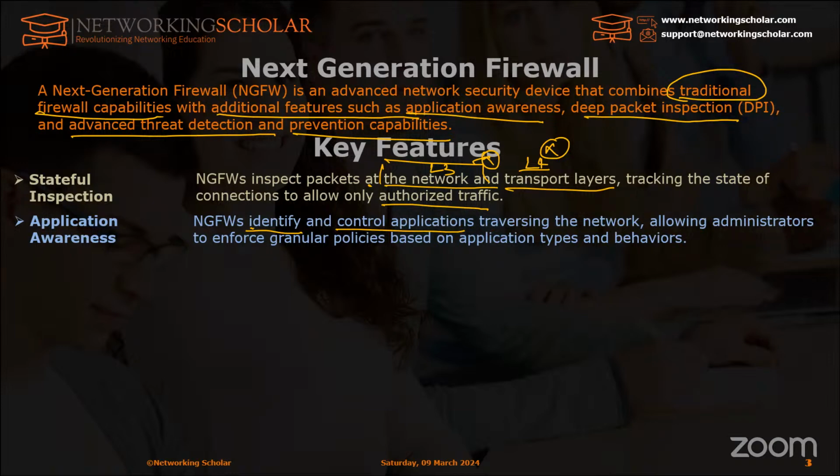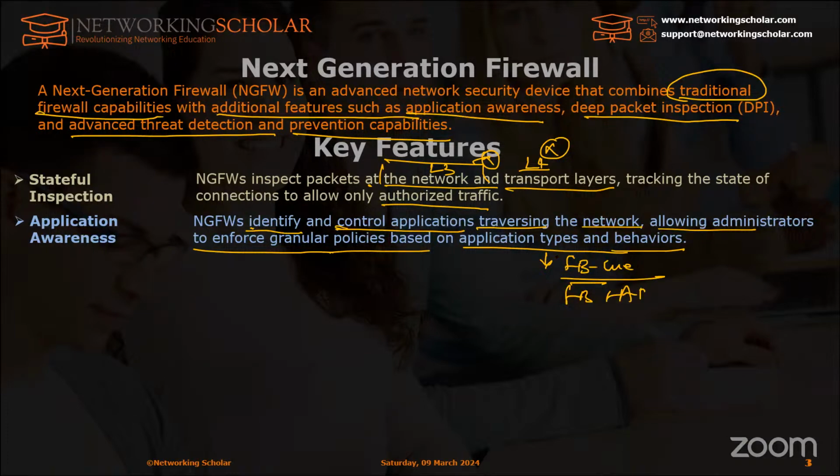So the next generation firewall identifies and controls applications traversing the network, allowing the administrator to enforce granular policy based on application type and behavior. Suppose there is an application that is not allowed: Facebook web is allowed, but the Facebook application is not allowed.